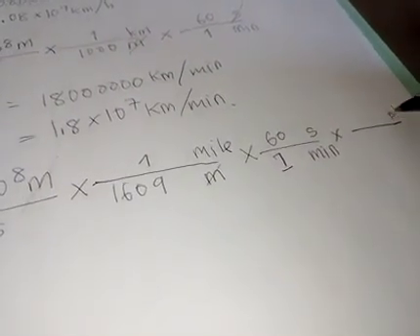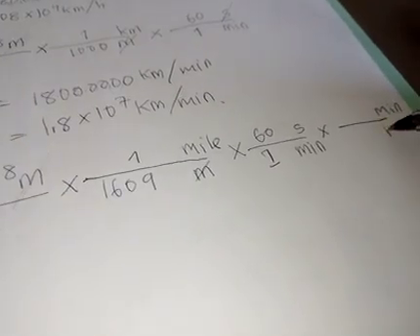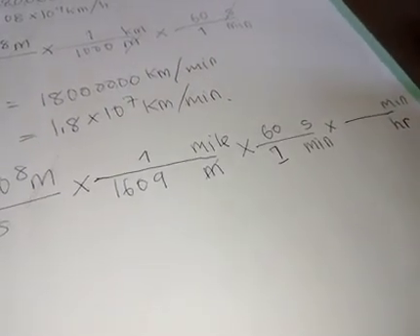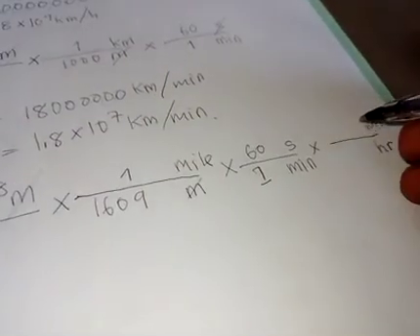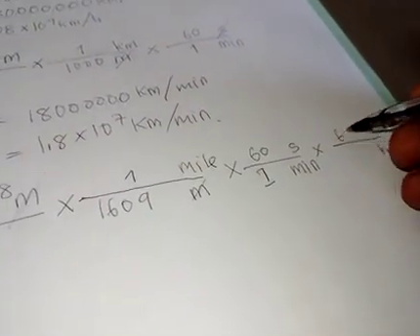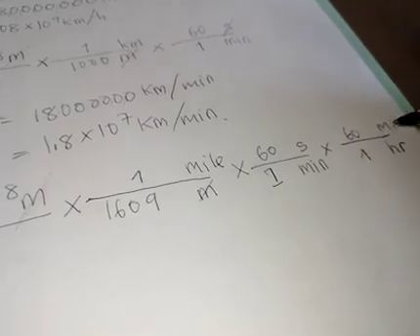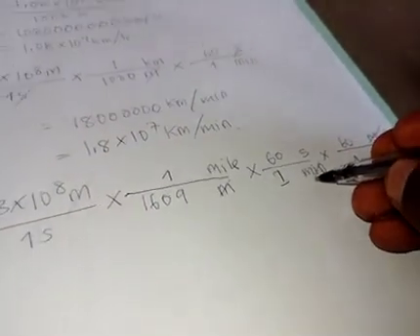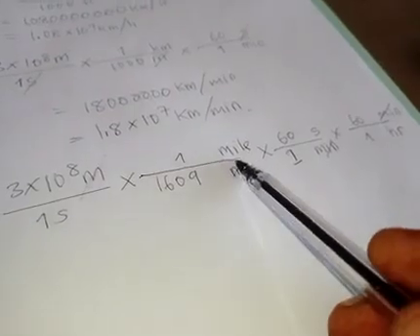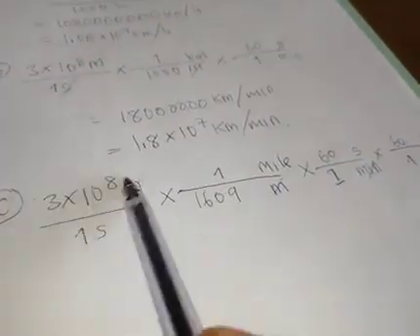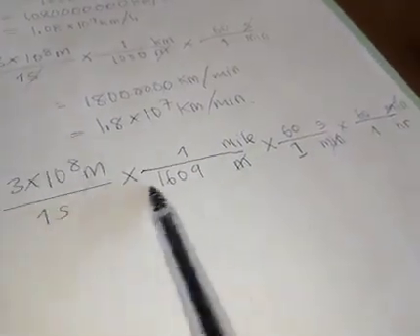Hours. So you should have minute on top, then hour down there, so that 60 minutes give us 1 hour. Minute and minute will cancel. If you check, you are only remaining with what? Mile and hour.